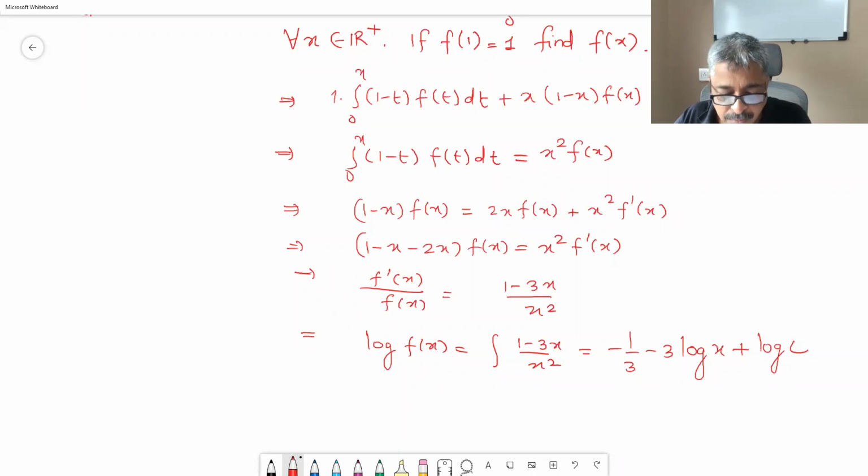Therefore f of x upon c is equal to e raised to minus 1 by x minus 3 log x. F of 1 is equal to 1.